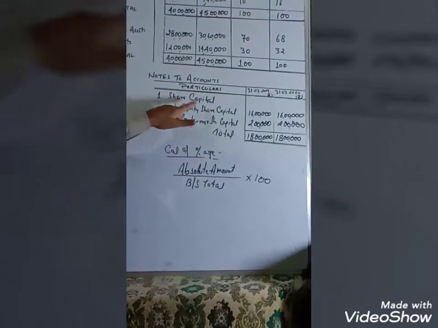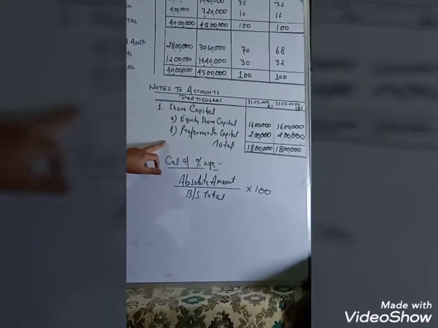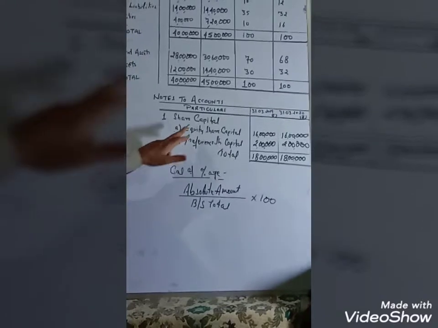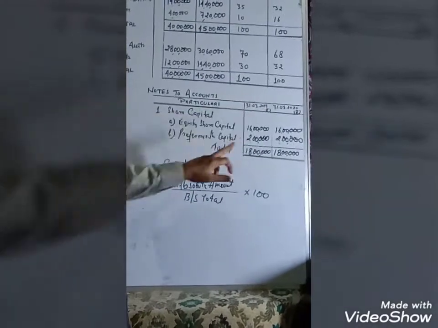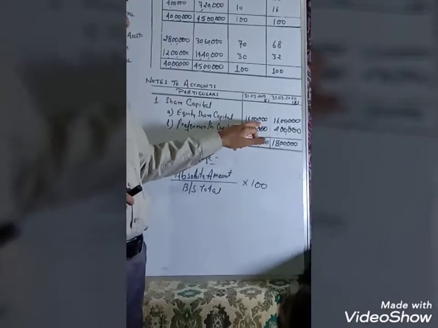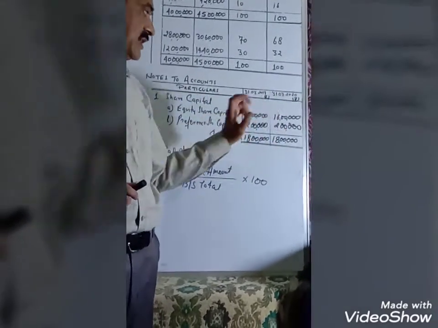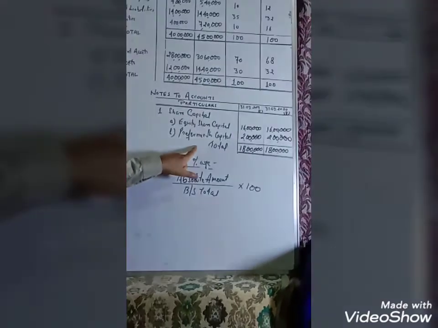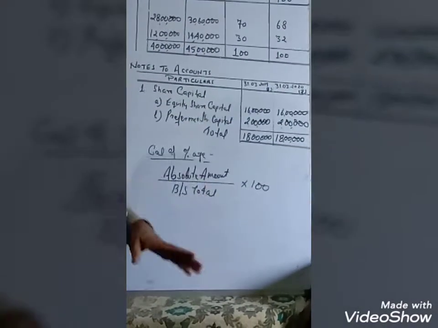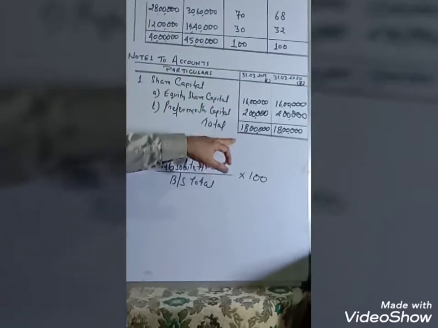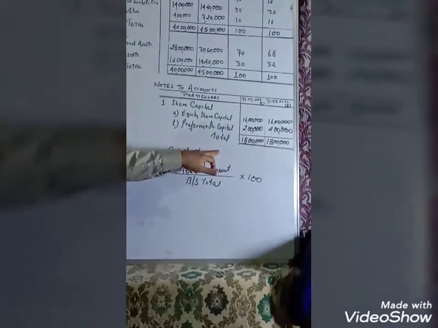First note is share capital. Under it, 2 types of share capital are given: equity share capital and preference share capital. For 2019, equity share capital is 16 lakh, and for 2020 also 16 lakh. Similarly, preference share capital for 2019 is 2 lakh and rupees 2 lakh for 2020 as well. The sum total is rupees 18 lakh for both the years.